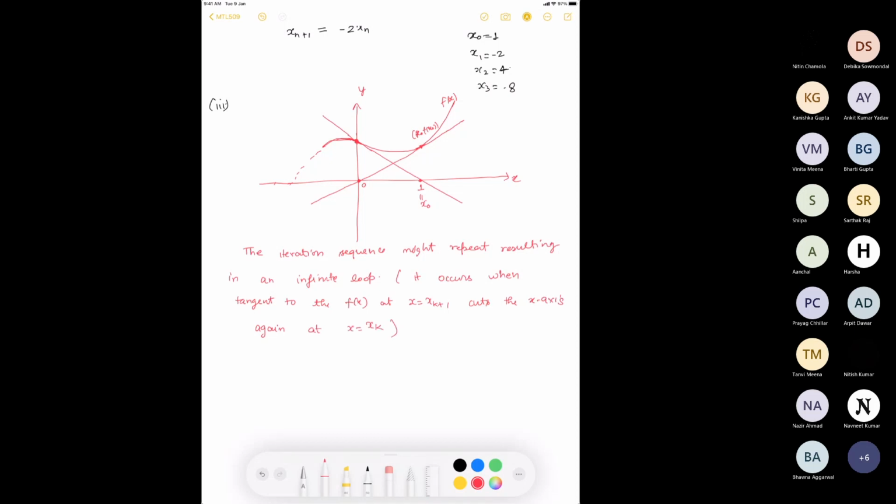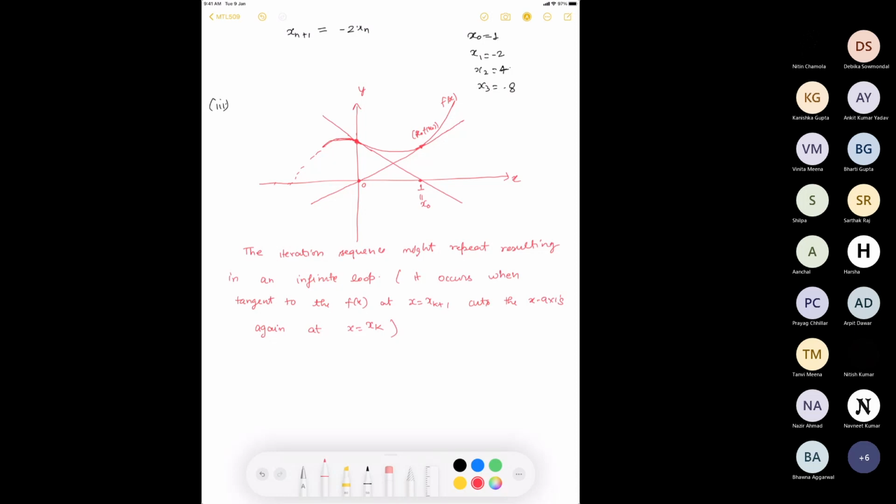So you are taking a tangent at xk, and the tangent line is cutting the x-axis at xk plus 1. But if you take a tangent line again at xk plus 1, it is going back to xk. So this sequence will get repeated, because when you take a tangent line at xk, it will give you xk plus 1, and when you take a tangent line at xk plus 1, it will give you xk.